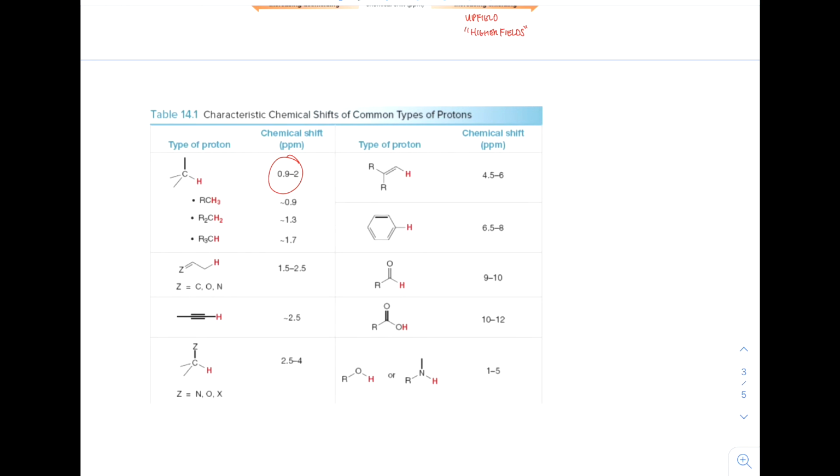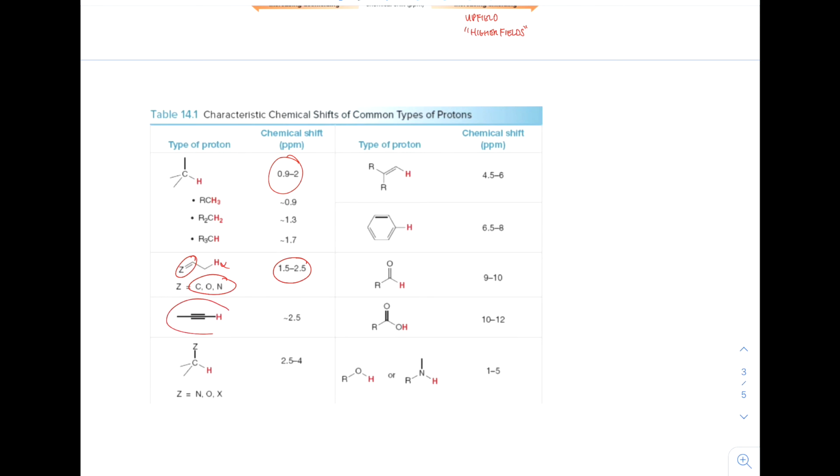And so you can see we can have things like this where we have heteroatom Z doubly bound to another carbon, and pretty much the alpha hydrogen. Remember, this is on the alpha carbon. If it were a carbonyl or nitrogen, we've got the alpha carbon there, so the alpha hydrogen is going to be 1.5 to 2.5.